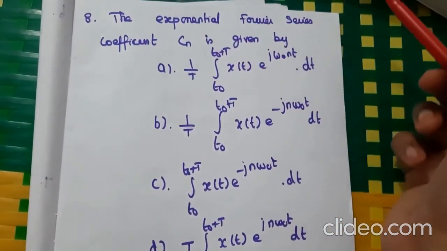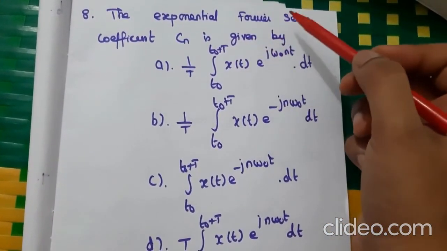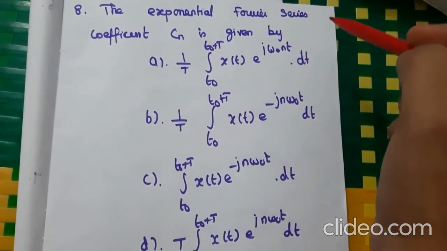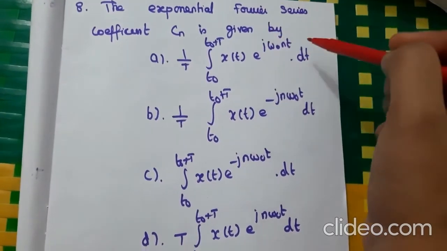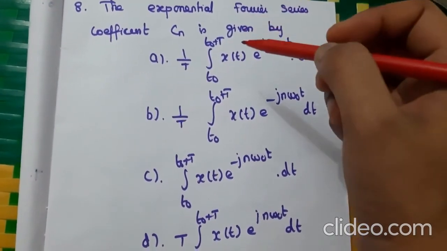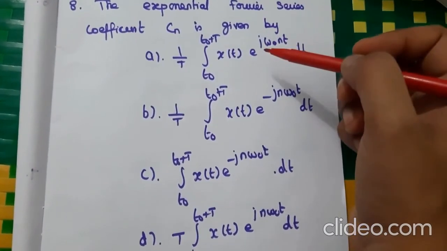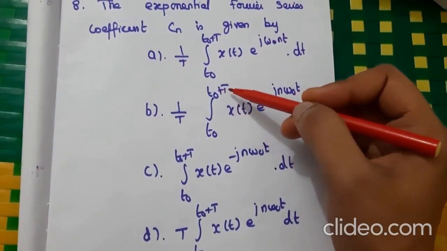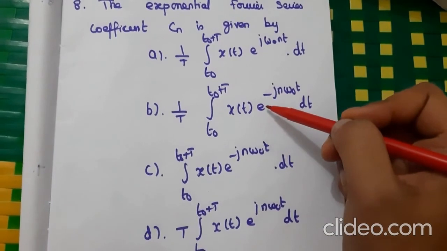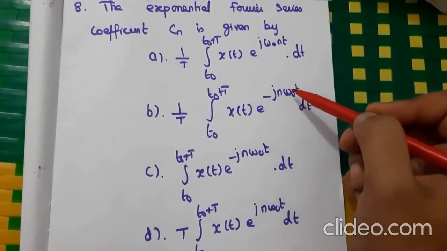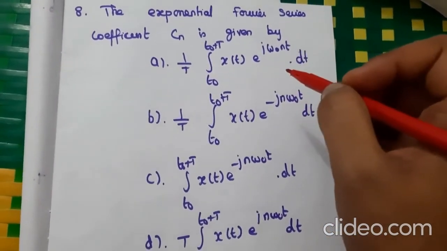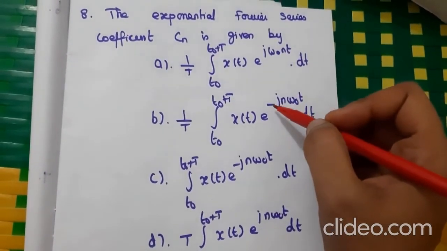Eighth question, the exponential Fourier series coefficient Cn is given by. We know the relationship between Cn and an, bn, that is Cn is equal to 1 by 2 (an minus jbn). How to find the Cn value? By using the formula 1 by T integral T naught to T naught plus T x of t e power minus jn omega naught t into dt. In your Fourier series equation, we don't have this minus.